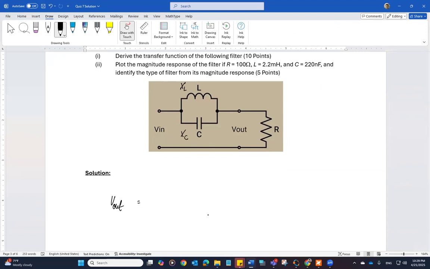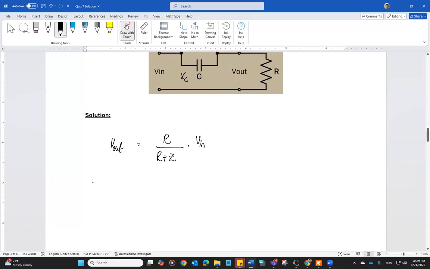So the output, which will be a function of j omega, will be equal to, if we call the parallel combination of XL and XC as Z, then this will be simply R over R plus Z times V in. And the transfer function H of j omega will be equal to output over input, which will be R over R plus Z.